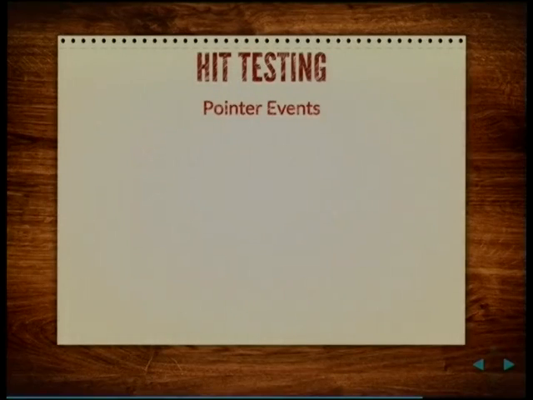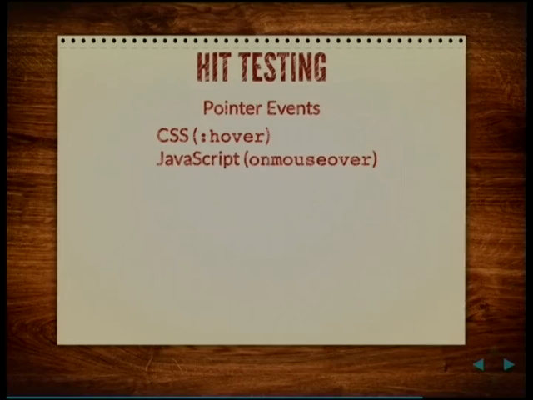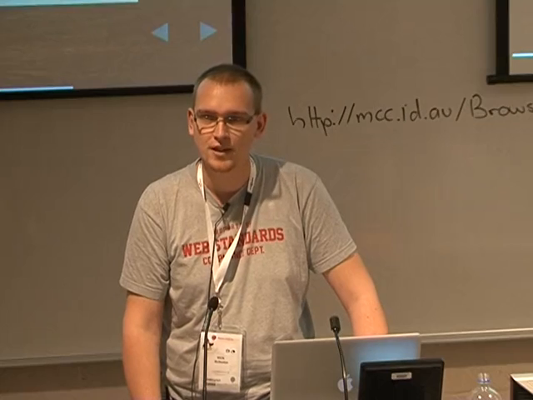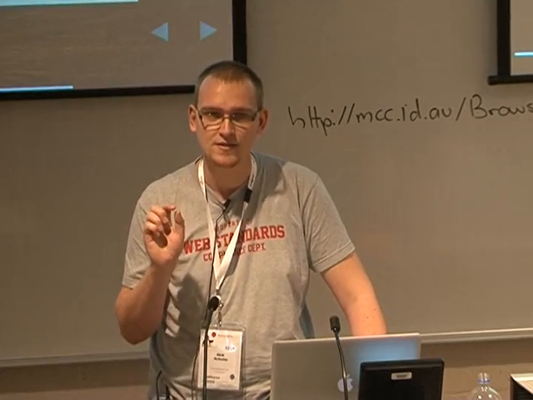So besides paint and layout, there's a third function that is really of interest, and that is hit testing. So sometimes you might have pointing events like hover, or even JavaScript based on mouse over or something like that. And for these, you need to know where the pointer of the mouse is.